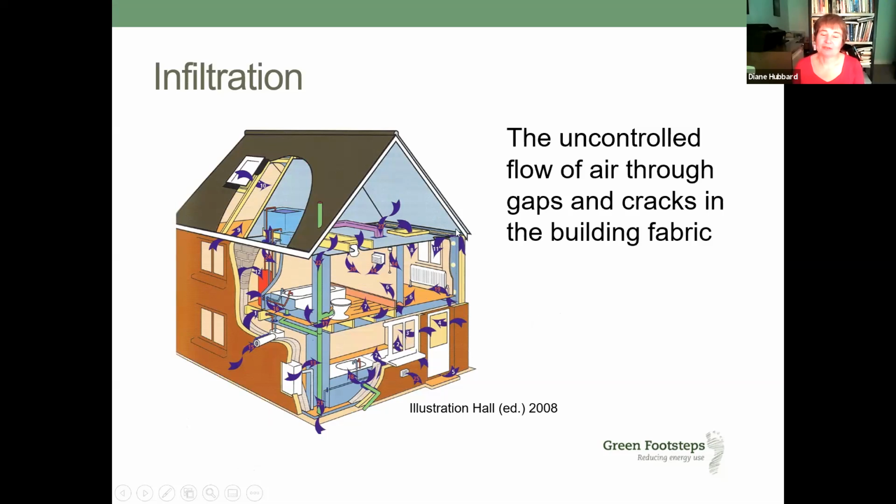It could be through your loft hatch, it could be at the junction of the wall and floor, it could be where the electricity cables come in through the back of the box, it could be around doors and windows. The key thing to emphasize is it's the uncontrolled stuff, not the deliberate ventilation we need in order to maintain good conditions. So what air tightness is all about is quantifying that.